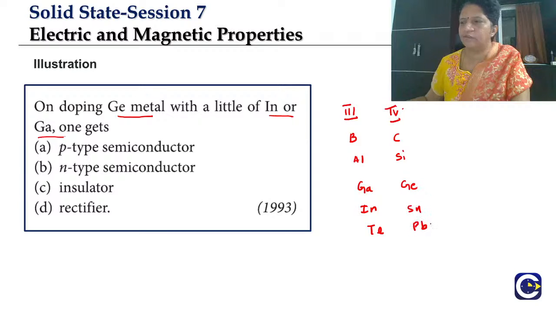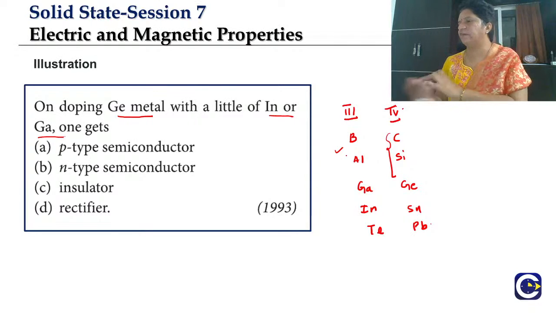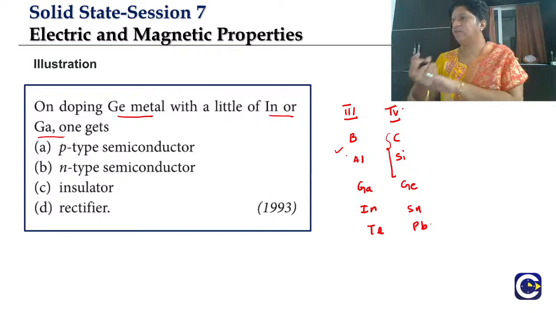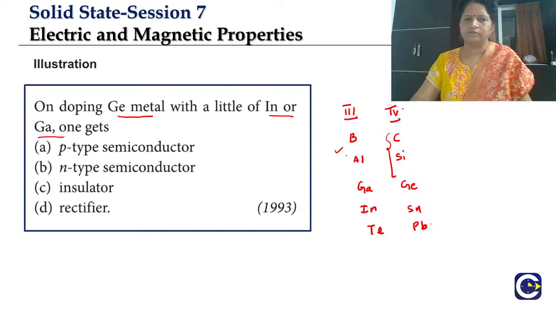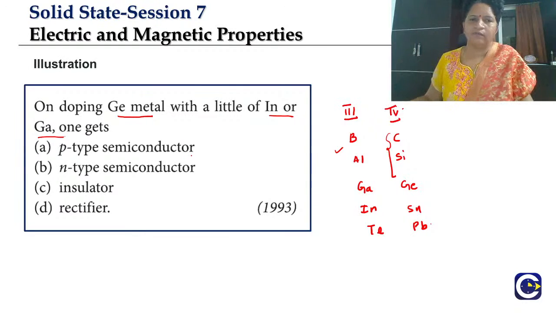So when we add a 13th group element to the 14th group, is it a P type or N type semiconductor? We'll have fewer electrons, so we'll get a P type semiconductor.